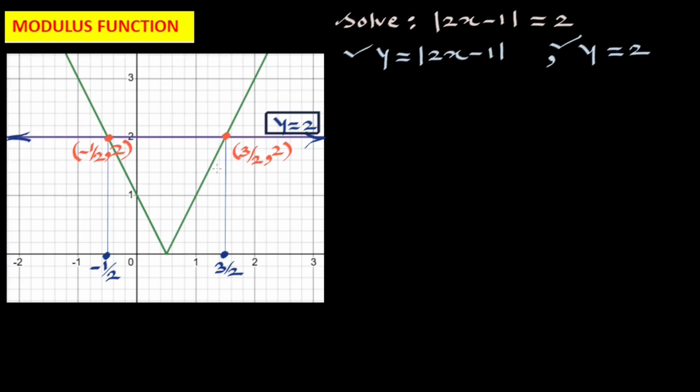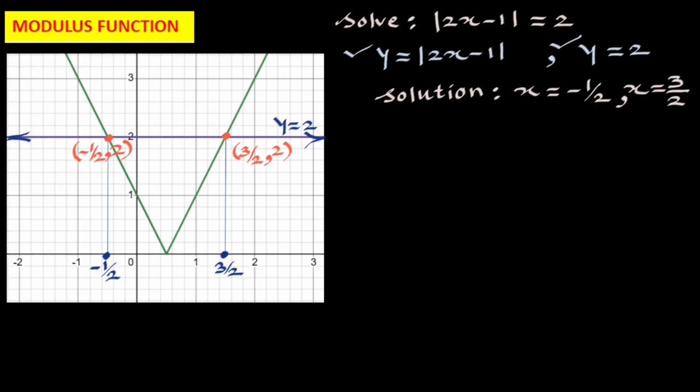The points of intersection of these two graphs, 3 upon 2 comma 2 to the right and minus half comma 2 to the left, are the solutions of this modulus equation. So graphically we can directly write the solution as x equals minus half and x equals 3 upon 2.